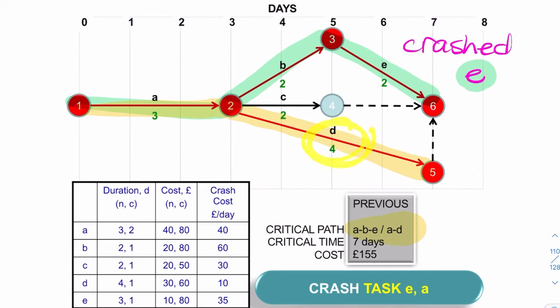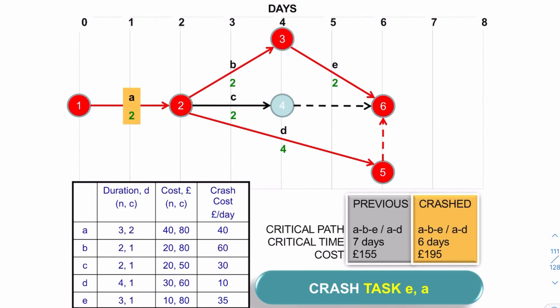Similarly, crashing D isn't going to help, even though crashing D is really cheap. It's just £10 to crash D. But crashing D is not going to change event 6. But crashing A can bring everything back. So we can crash A by 1 day at a cost of £40, and that will bring everything back.